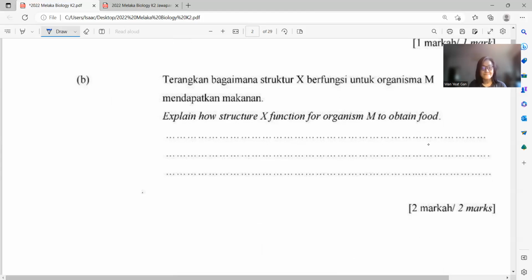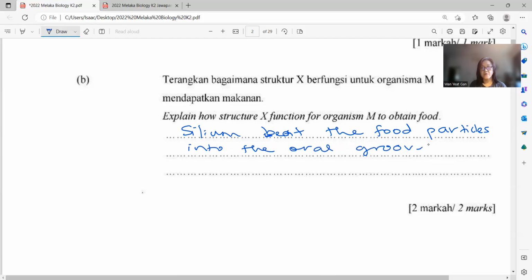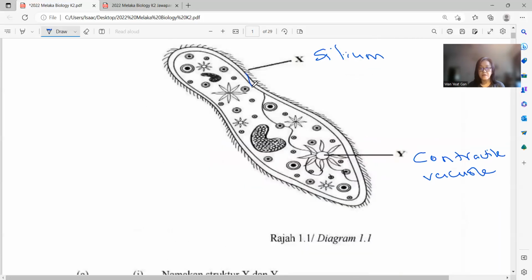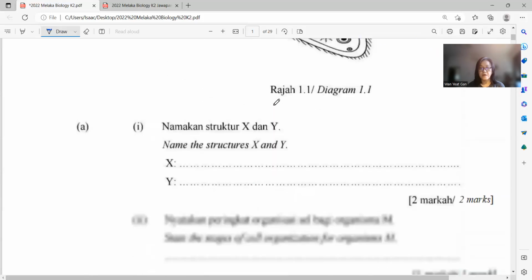The cilium will beat the food particles into the oral groove. Okay, so the oral groove is here, it is not indicated here. There should be an oral groove here.